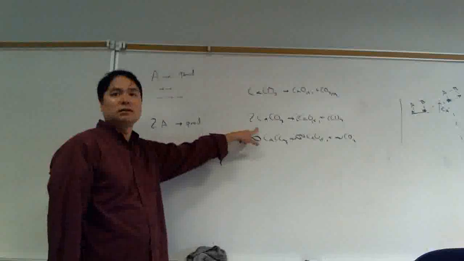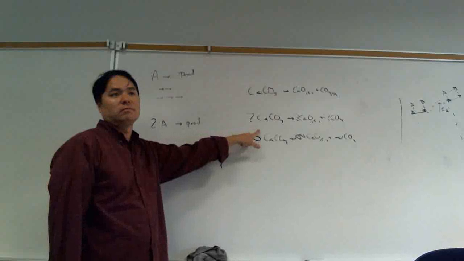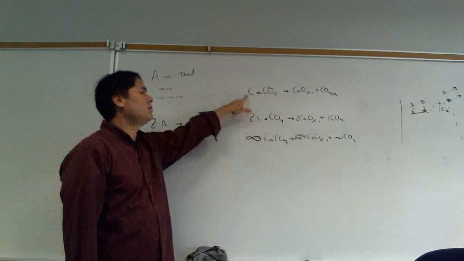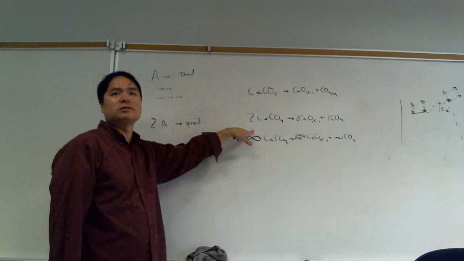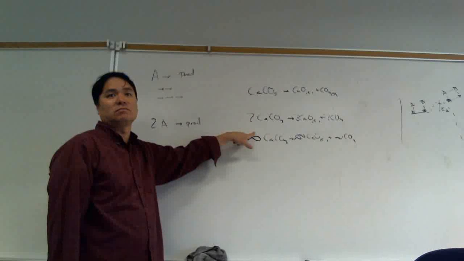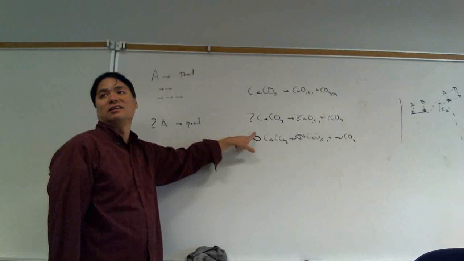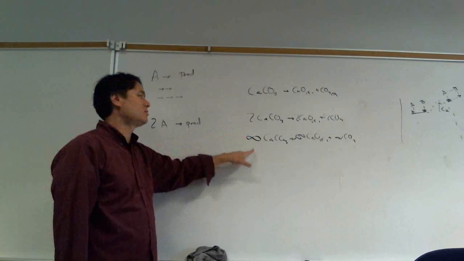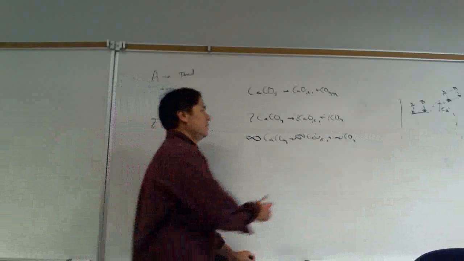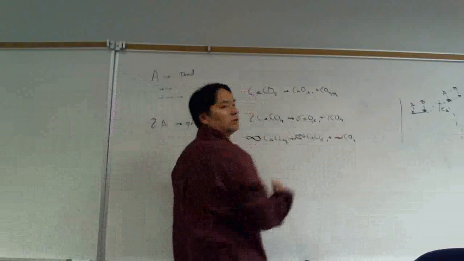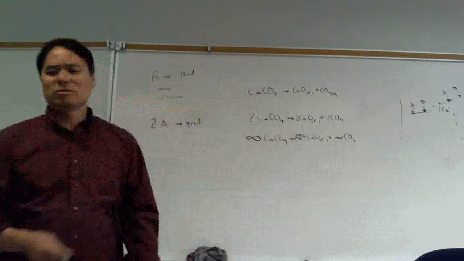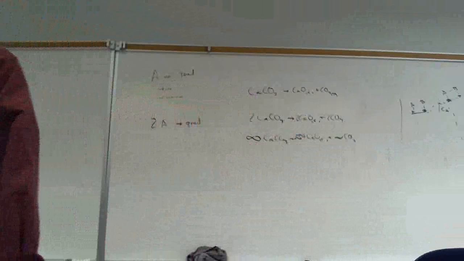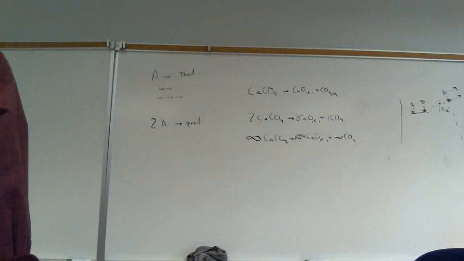No, because is this wrong? Outright wrong? Can I take 1 mole or 2 moles, or does it make a difference? This is not wrong, right? Is this wrong? Maybe, but this wouldn't be, or 3. And so just because you wrote a coefficient there doesn't mean that's the order.